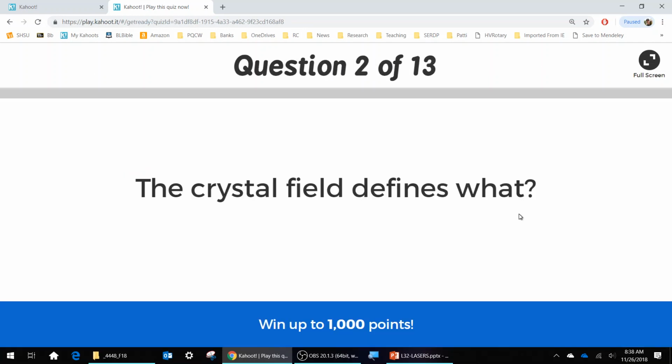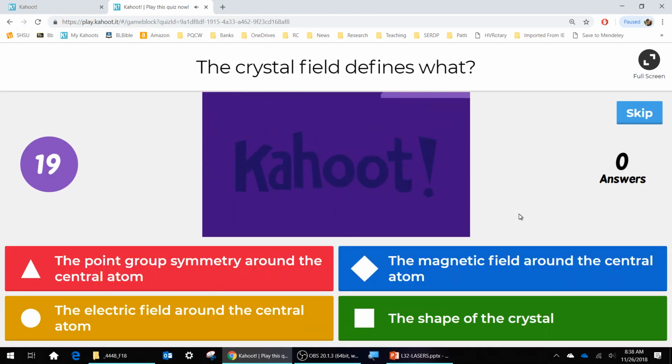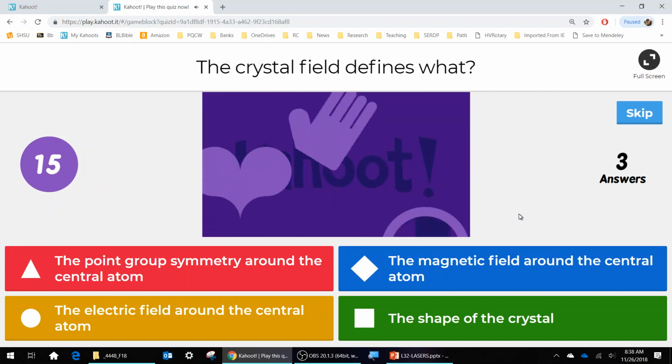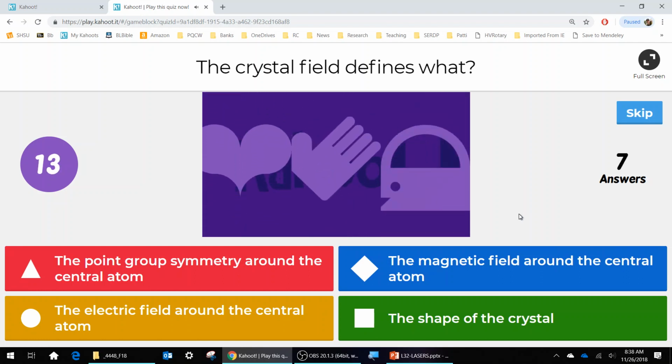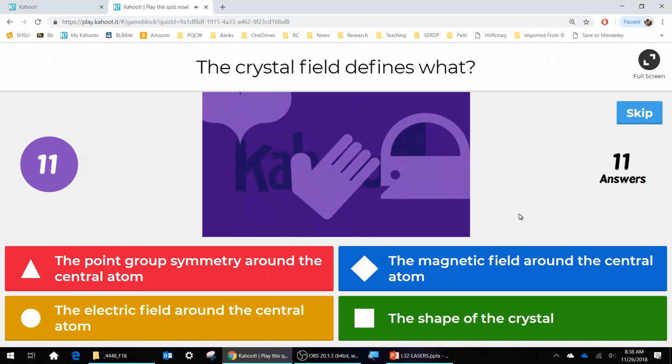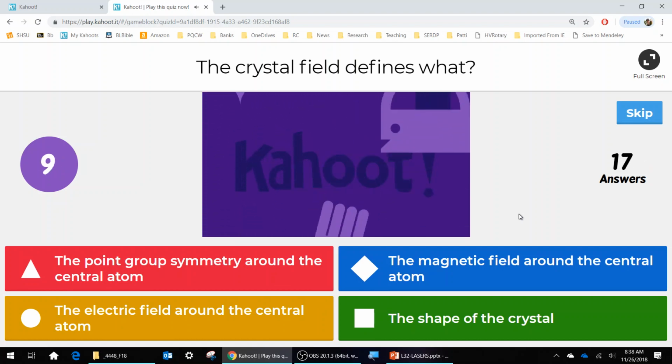Okay. The crystal field, when we talk about that, it defines what? Does it define the point group symmetry around the central atom? Does it define the magnetic field around the central atom, the electric field around the central atom, or the shape of the crystal?